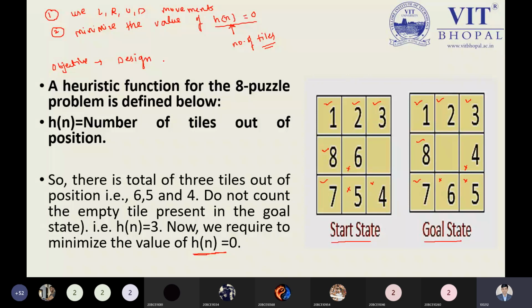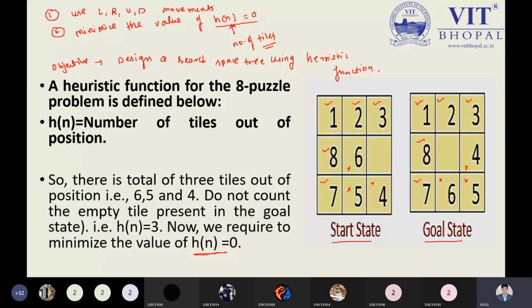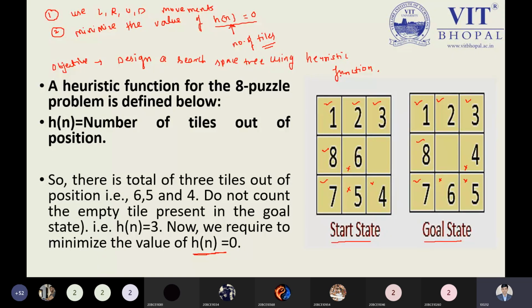To design a search space tree, we can say like this one: search space tree using heuristic function to minimize the Hn equal to 0. So that is our objective. Although we have written, I'm not writing much more. So design a search space tree using the heuristic function, and this is the objective.